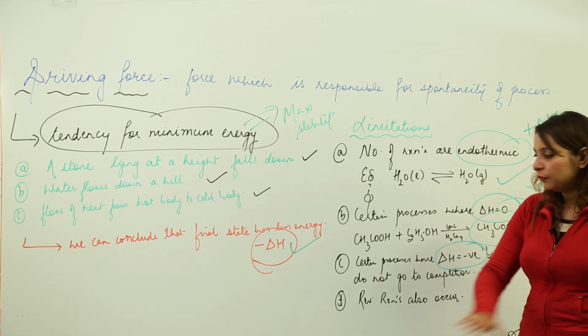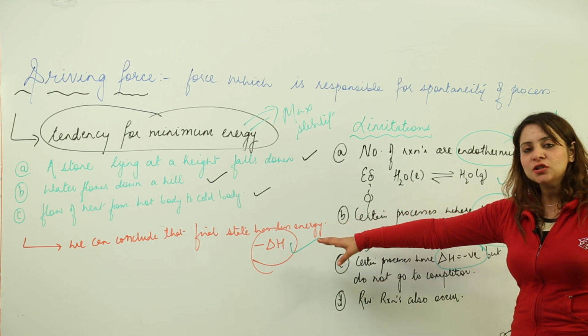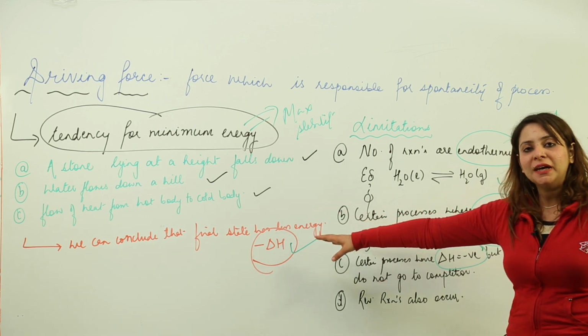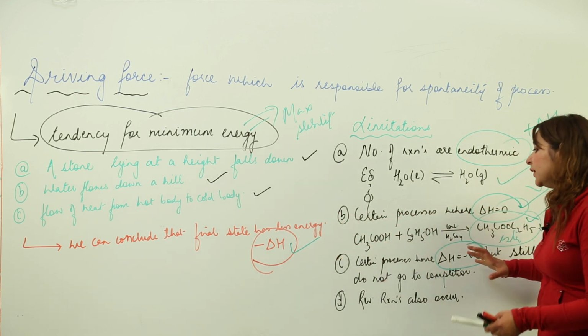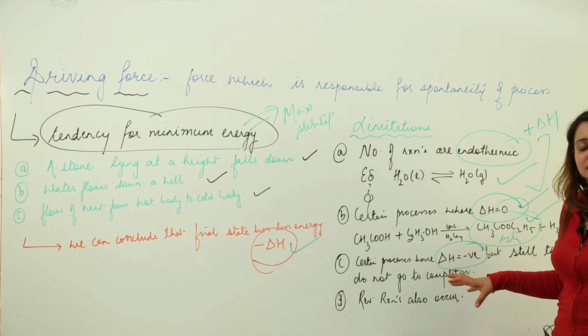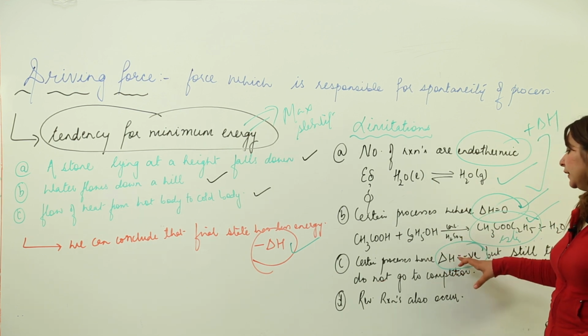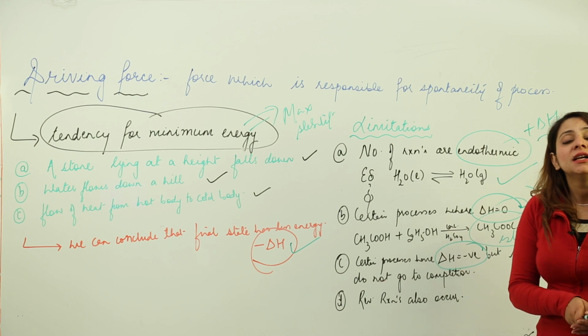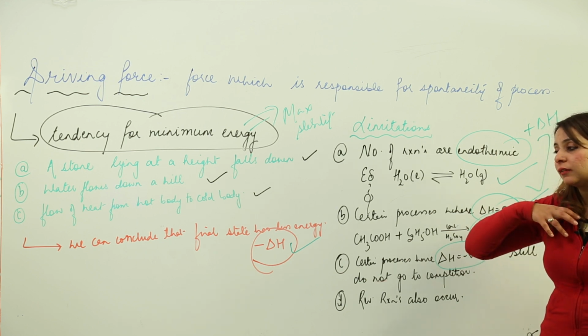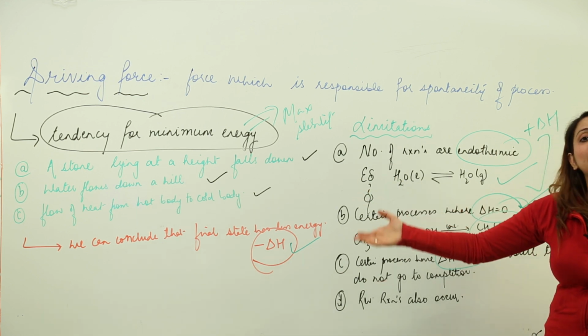The third limitation is that there are certain processes where delta H is negative and they are spontaneous. This you agree we have done here, because delta H being negative is the factor which makes the process spontaneous. But there are certain processes where delta H is negative, but still the process does not undergo completion.